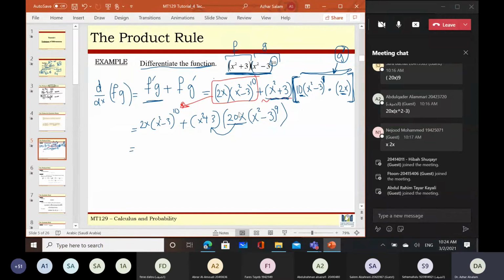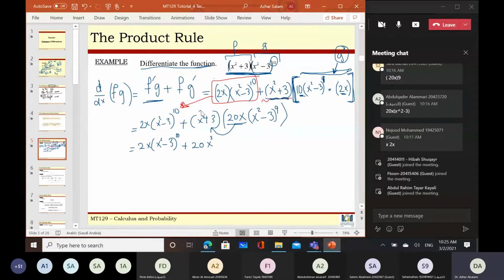The easier way is to multiply the 20x inside the other bracket. So I will make no change in the first part: (x squared minus 3) all to the power 10. This will not change at all. Plus 20x to the power 3.